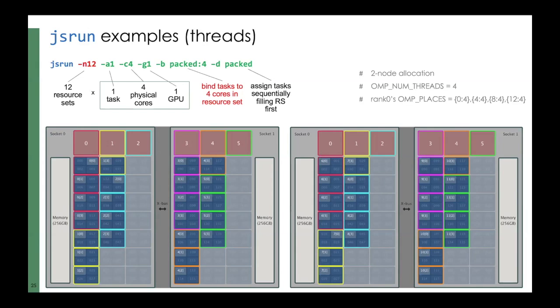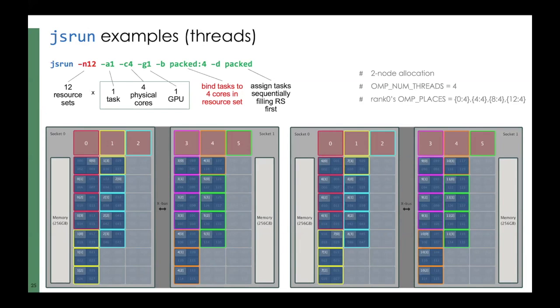I kept the distribution of PACT, as you can see in the last command there on the JSRun line. It's not really significant here because there's only 1 task in each resource set, so that doesn't really come into play. But the key here that you want to keep in mind is the binding.